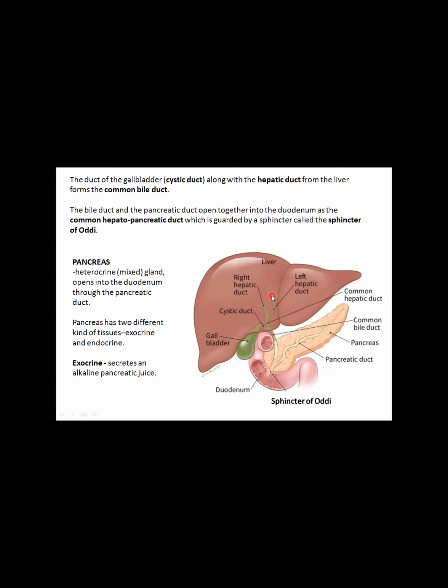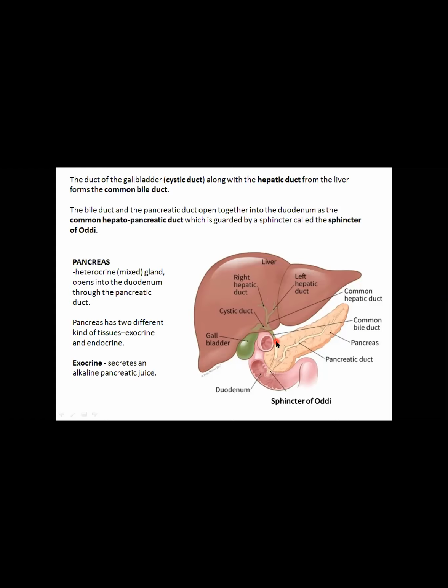The liver has two lobes, right and left. Ducts are arising from both lobes, the right hepatic duct and left hepatic duct. These two ducts are joined to form the common hepatic duct. The common hepatic duct joins the cystic duct that is coming from the gallbladder to form the common bile duct.